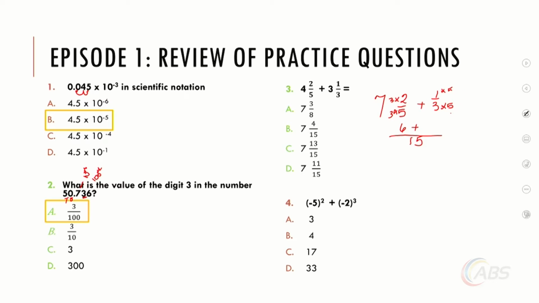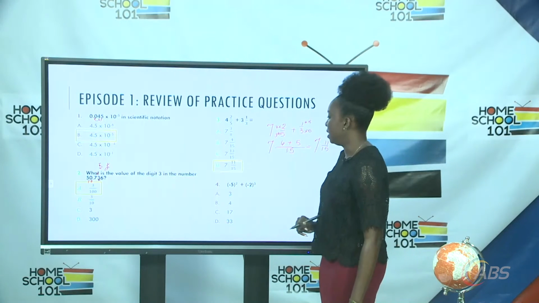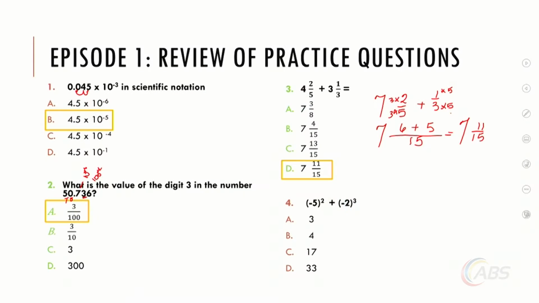So we also have to do 1 times 5, and 1 times 5 is 5. If we add 6 and 5, we're going to get 11. And we're just going to bring down our whole number there. That's 11/15. So you can already see our answer there. That's D, which is 7 and 11/15.